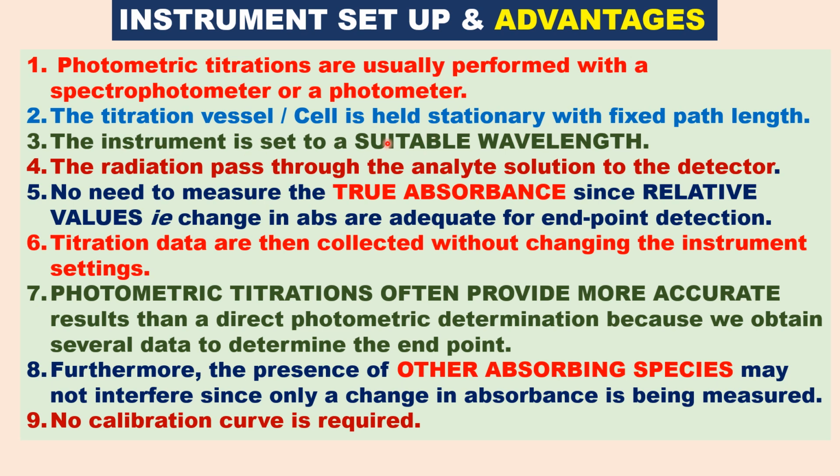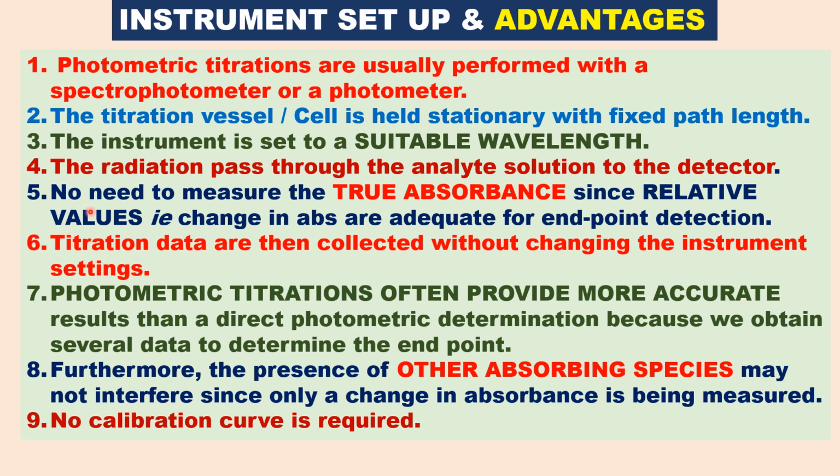The instrument is set to a suitable wavelength where there is absorption maximum, so the wavelength is fixed. Then the radiation passes through the analyte solution to the detector to measure the absorbance.